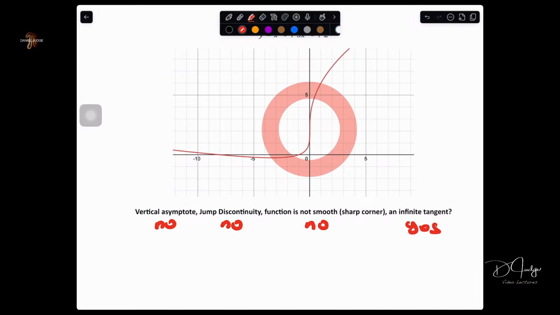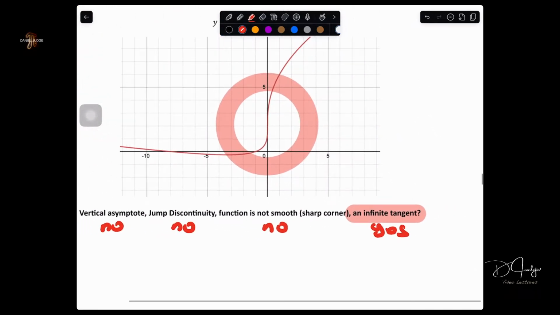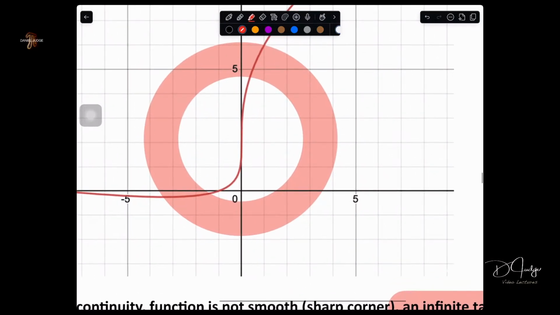this is an example where you do have an infinite tangent. Let's take a closer look at this. What does that mean? Well, for us right now, it's right here, meaning this portion of the curve here. Okay, I'm going to find a point here. Let's get a pencil, not a highlighter. At this location here, this value of x, when x is 0, you see this curve is vertical.